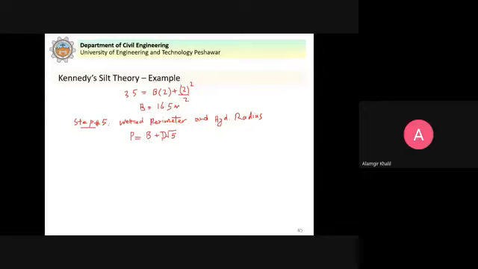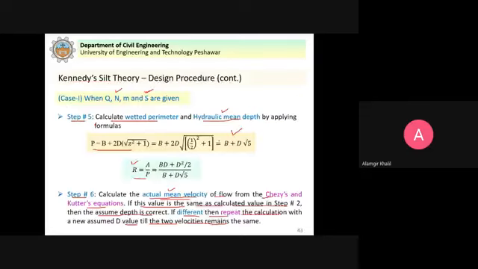Now just put the values for B and D. The wetted perimeter comes out to be 20.97 meter.